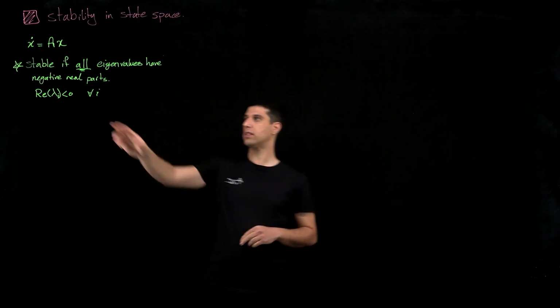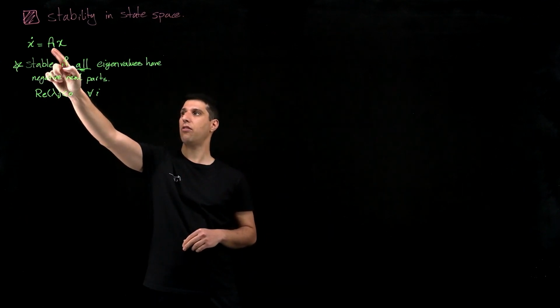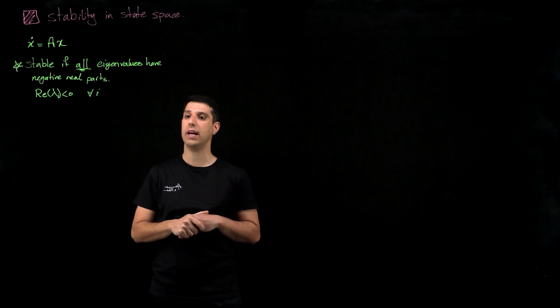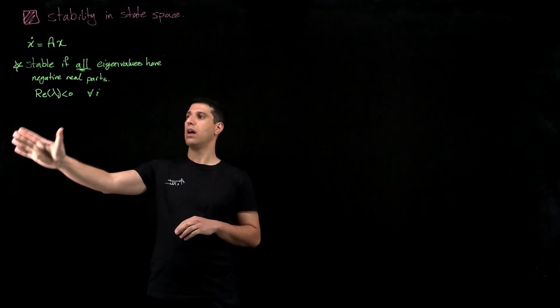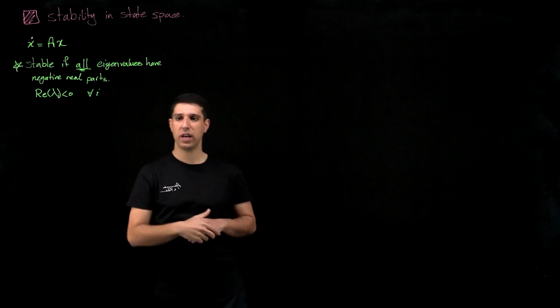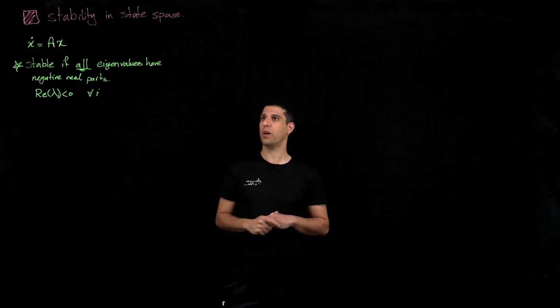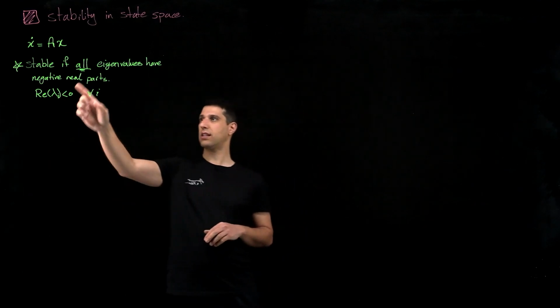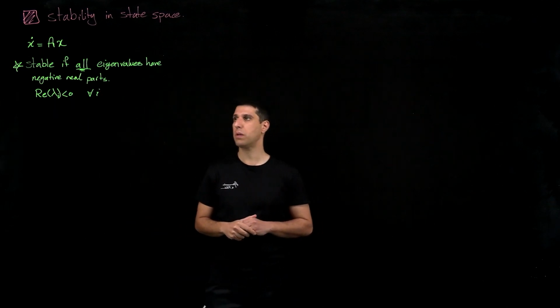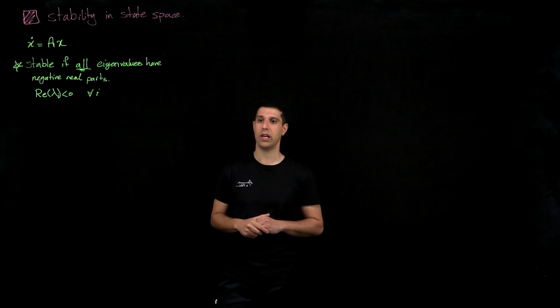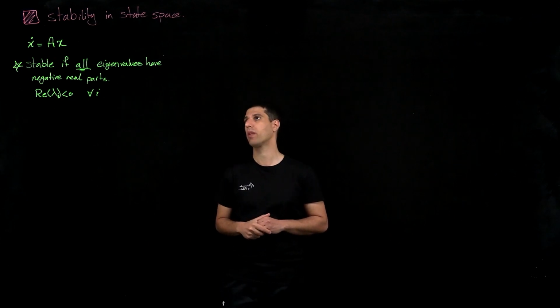So if I have the system x dot equals Ax, everything about the system, the inherent dynamics of the system, is encoded in A. And the takeaway of this lecture, I'm throwing it up front, is that this system is stable, and this is stability in the sense of Lyapunov, if you remember.